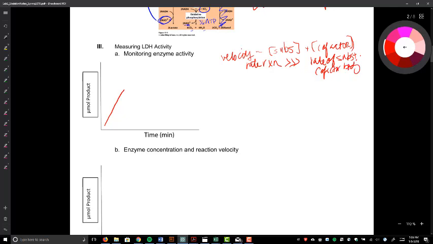However, you can see that as the reaction progresses, the enzyme is producing more and more micromoles of product. However, eventually the enzyme is going to start running out of substrate and cofactor, and the amount of product is going to decrease.